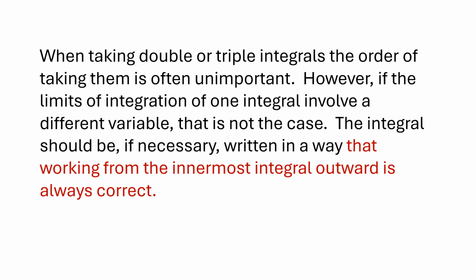So if I'm taking an integral with respect to x, and the limits of integration, one or both, involve y or z, I better take that before I take the integral with respect to y or with respect to z. And the integral should be, if necessary, written in a way that working from the innermost integral outward is always correct. So if we do the innermost first, this should take care of itself.